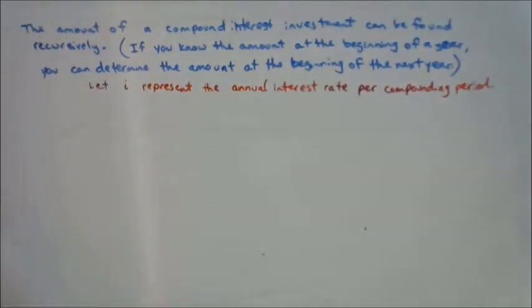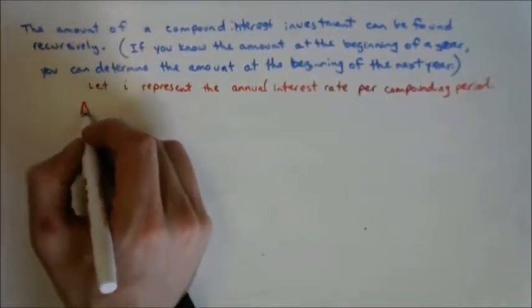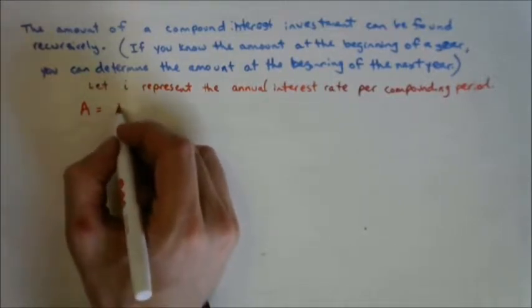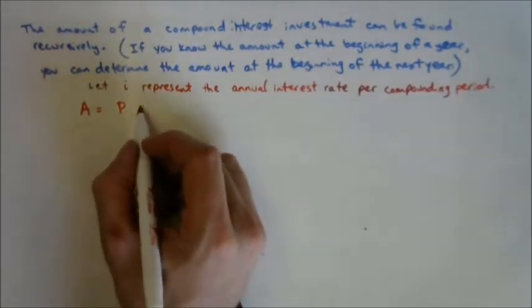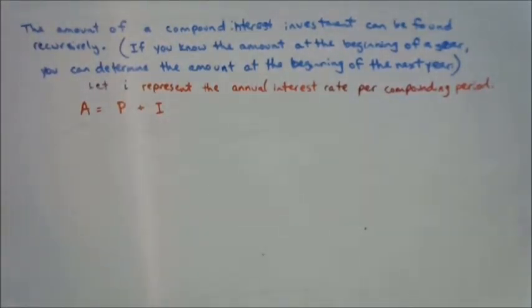The amount after one compounding period is determined by adding the principal to the interest for that compounding period. So the amount in the account after one compounding period is the amount that you started with at the beginning of that compounding period plus the interest earned during that compounding period.